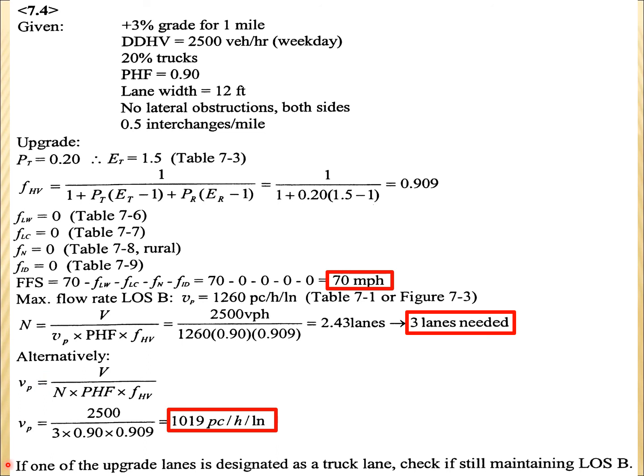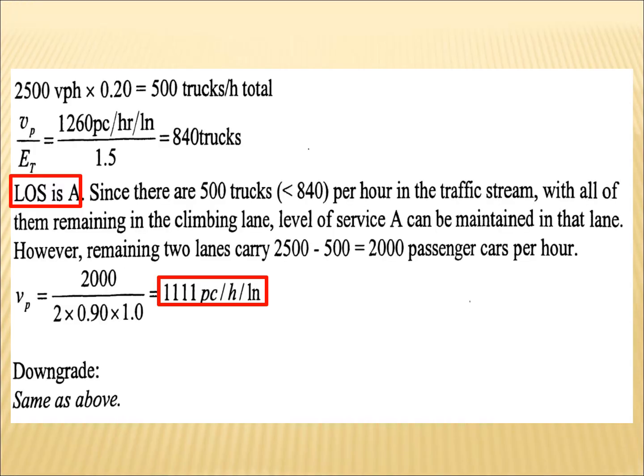If one of the upgrade lanes is designated as a truck lane, check if still maintaining level of service D. 2500 vehicles per hour times 0.2, that is equal to 500 trucks per hour total.